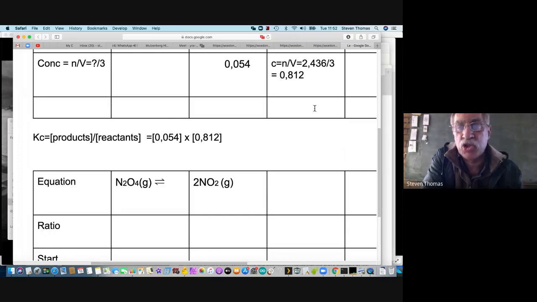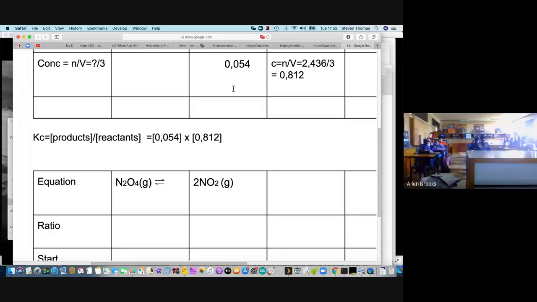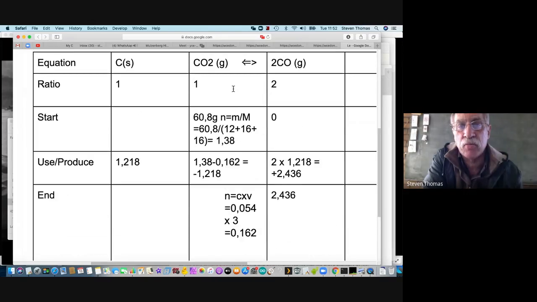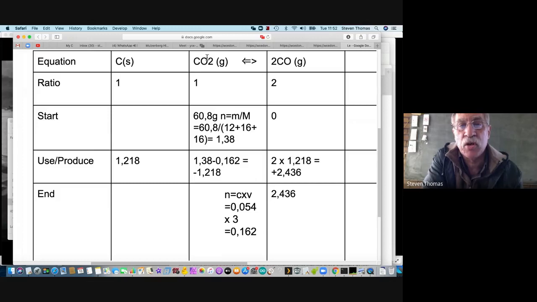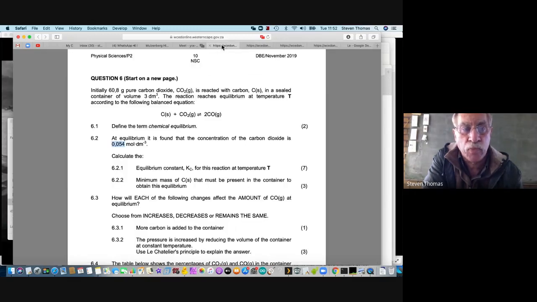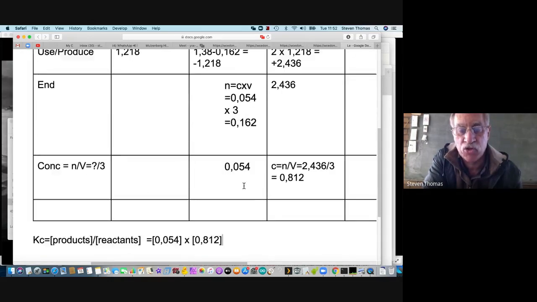These two are the products. Oh, hang on, I'm lying to you. My apologies. That should come over that. There's your reactant. There were 2 reactants. Okay, sorry, I'm doing this wrong.